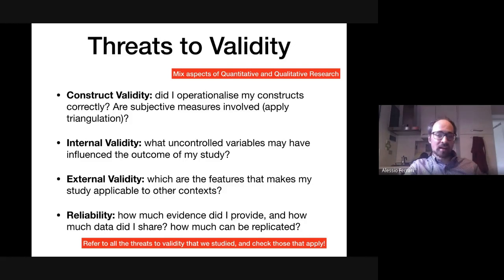Validity in general is internal validity for case studies. So the mapping is pretty straightforward if you have understood the principles behind construct, internal, and external validity.